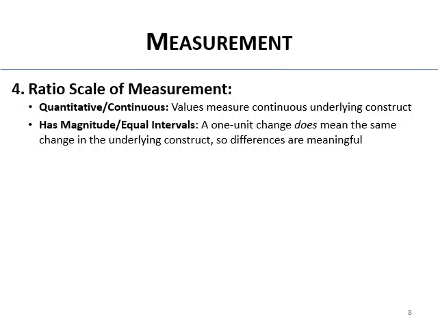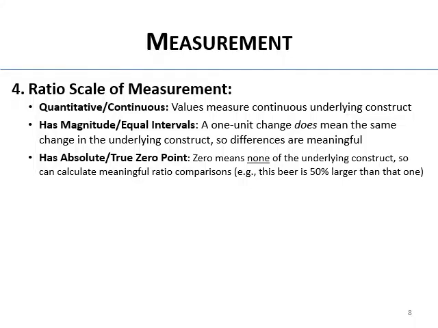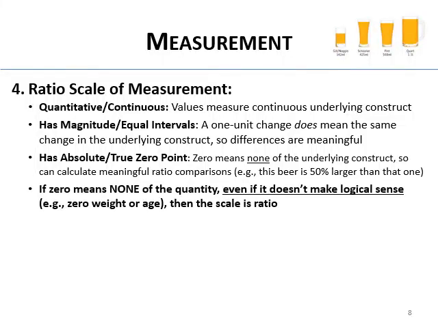So you can do differences with things measured on interval, but ratio has an absolute 0 point or a true 0 point. 0 means none of the underlying construct on a ratio scale. So you can calculate ratios, like this beer is 50% larger than that one. That's a ratio. You can do ratios with ratio scaled variables.